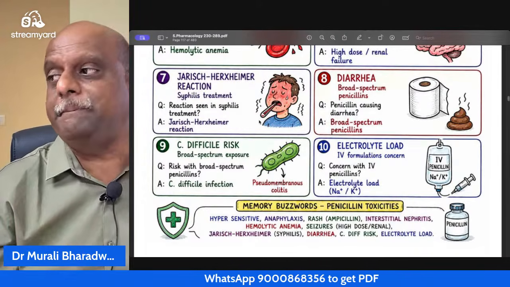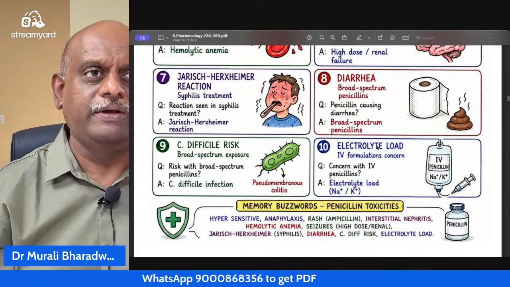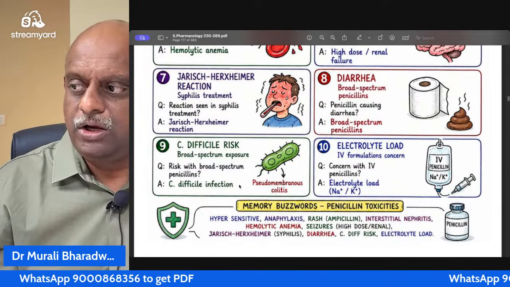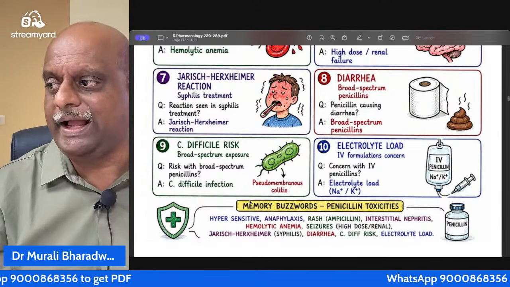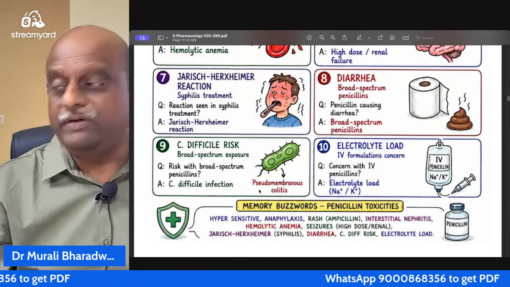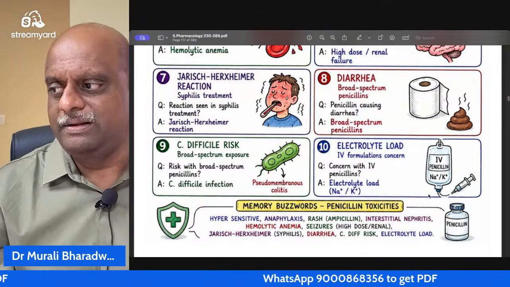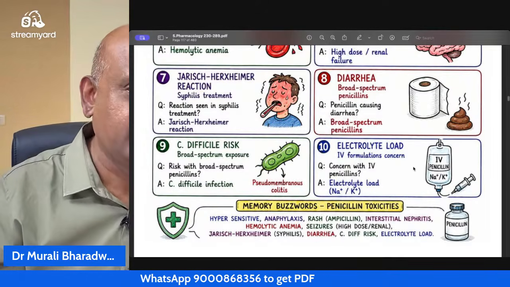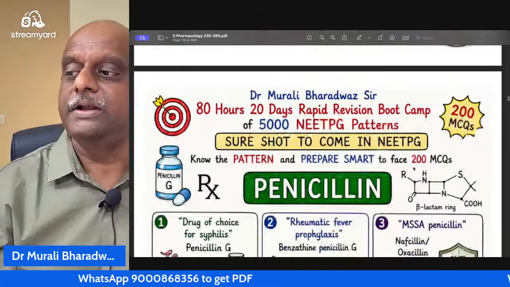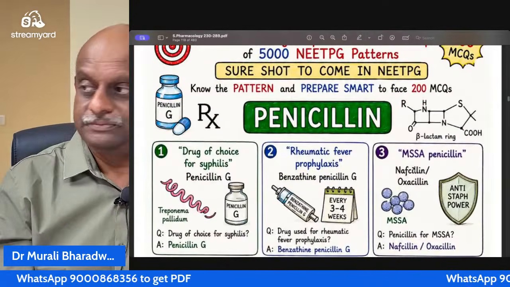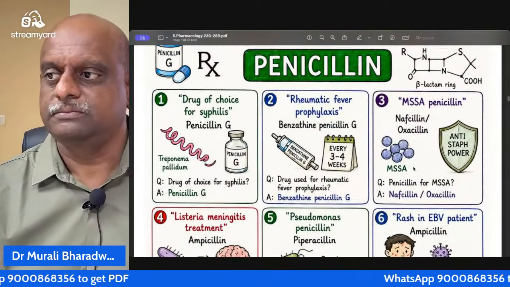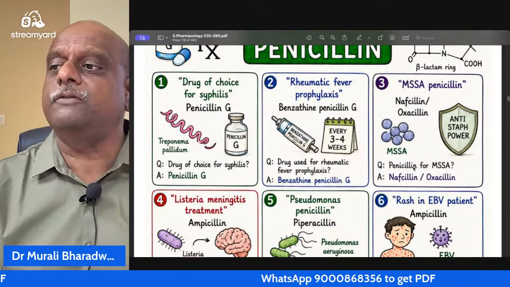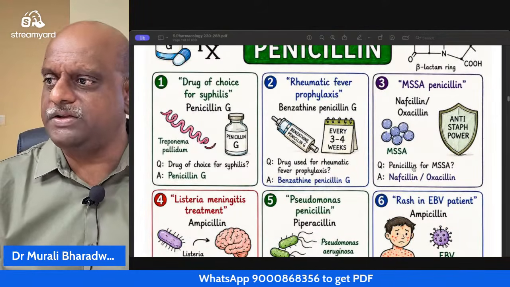And broad spectrum penicillins can lead to development of antibiotic associated diarrhea. Clostridium difficile risk is also high. And whenever you give IV penicillin, that adds sodium and potassium load, which we need to remember. Clear? Now, doctor, what is the drug of choice in various scenarios?